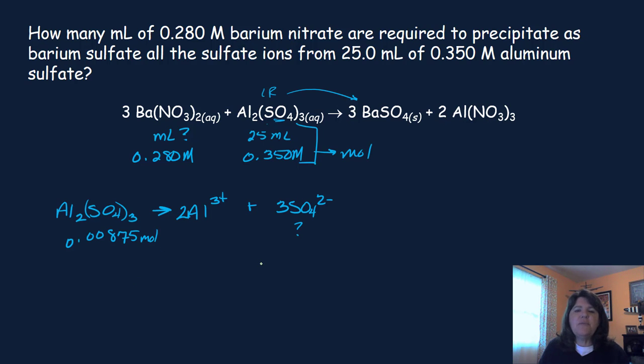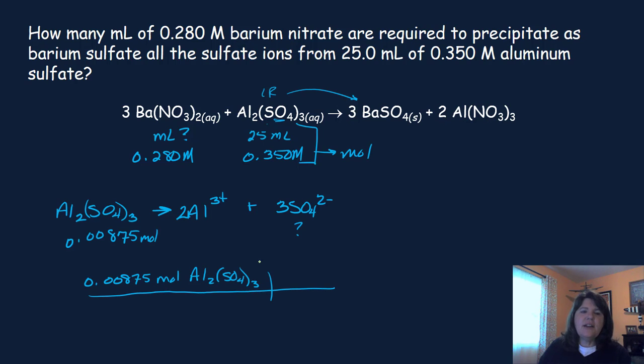The question is, how many moles of sulfate ions do we actually have? So to calculate that, it's just a mole ratio. Moles of aluminum sulfate, and I know that for every 1 mole of aluminum sulfate, I have 3 moles of sulfate ions.